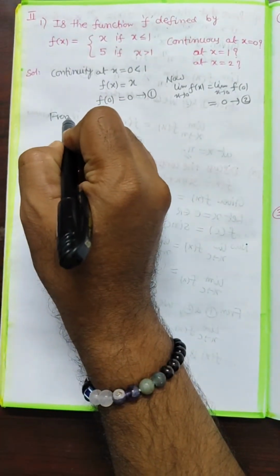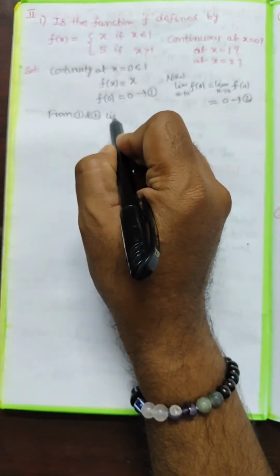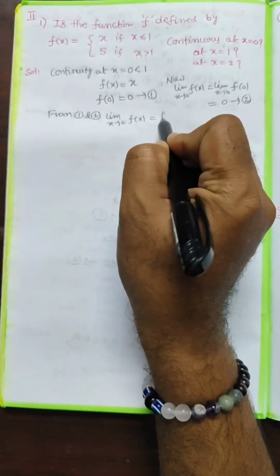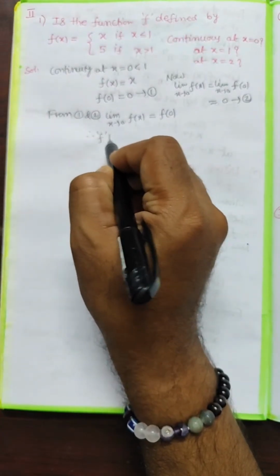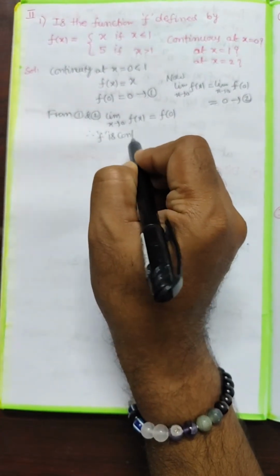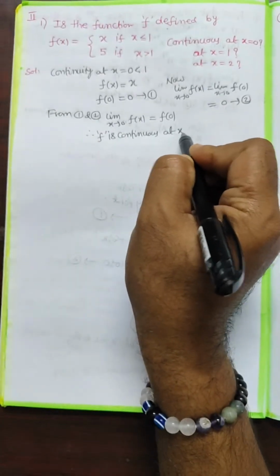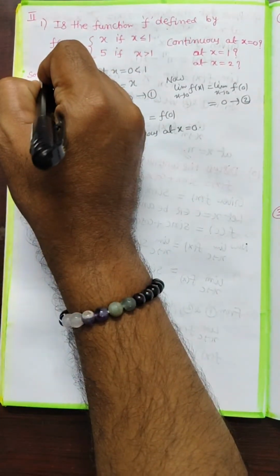So from 1 and 2, limit x tends to 0 f of x is equal to f of 0. Therefore, f is continuous at x equal to 0. Okay, now this is the first case completed.